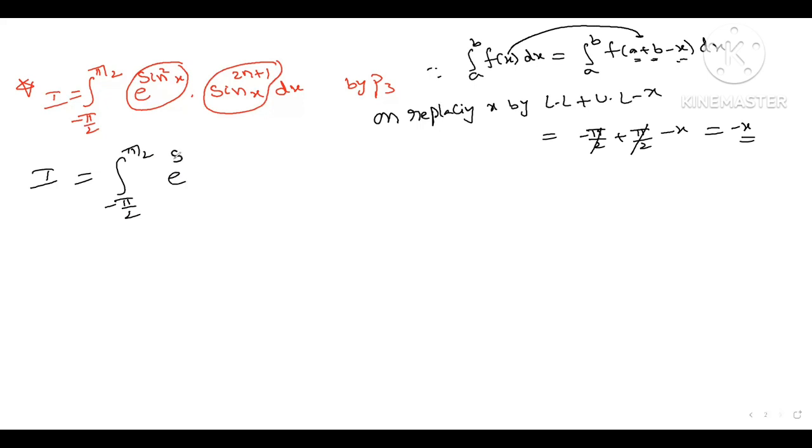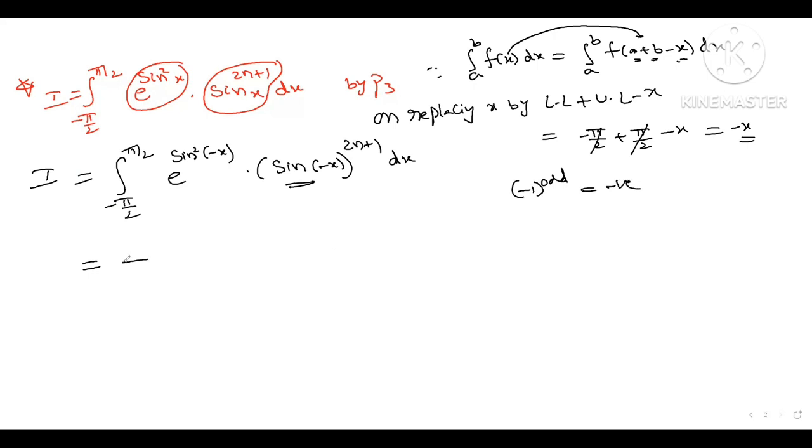E to the power sin square of minus x into sin of minus x to the power 2n plus 1 dx. But what is the value of sin of minus x? Minus sin x, to the power of an odd number. It is going to be minus, since minus to the power of an odd number is negative.